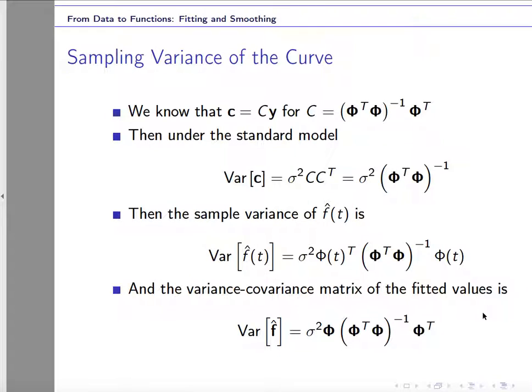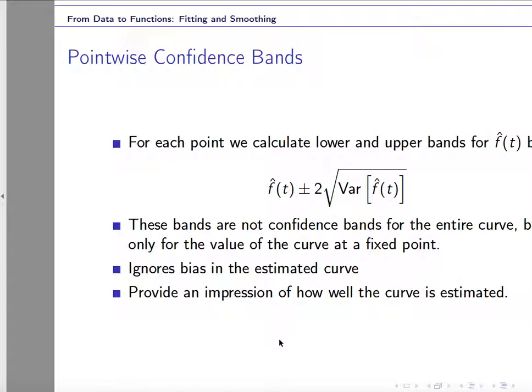After you get the variance-covariance matrix of the fitted values, you can find the confidence interval for the fitted curve. Basically, the confidence interval for the fitted curve f of t will be f hat plus or minus 2 times the square root of the variance of f hat of t.